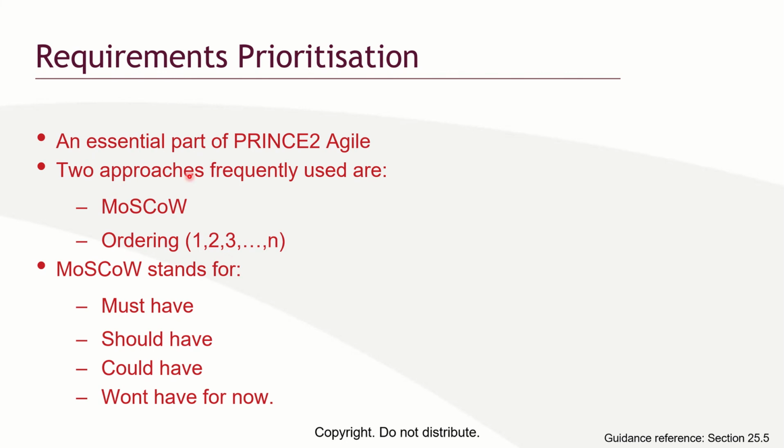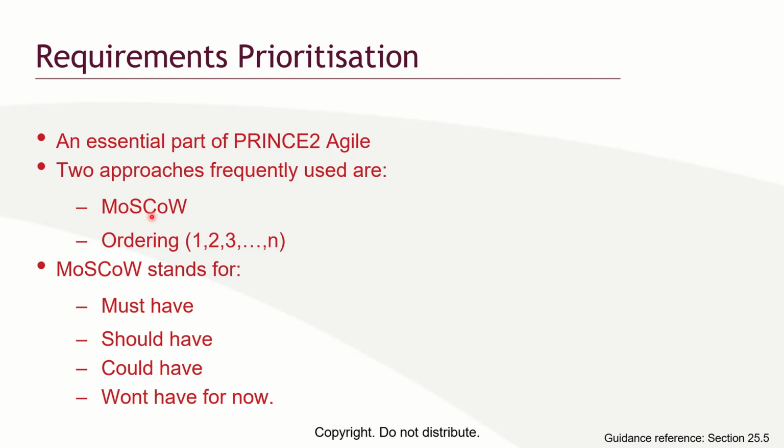Another way to prioritize is to use ordering, which is saying which one is the first one you want, which one is the second, which one is the third. But many people don't know how to arrange in order. It may be better to just help them by using Moscow.